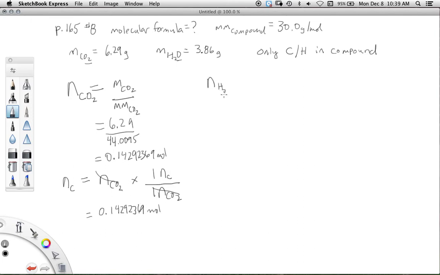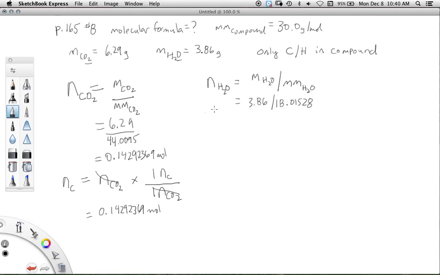The moles of water are equal to the mass of water divided by the molar mass of water, and that equals 3.86 divided by 18.01528, which is 1.0079 times 2 plus 15.9994.